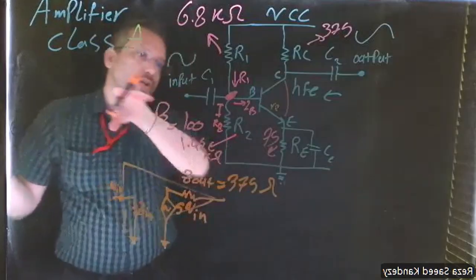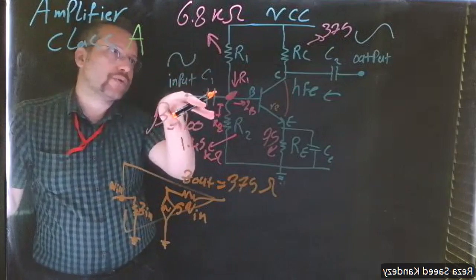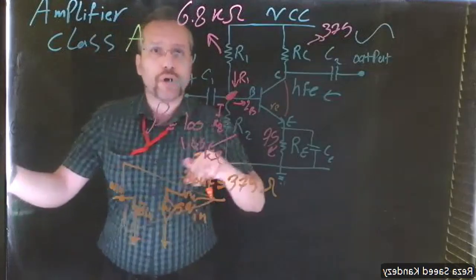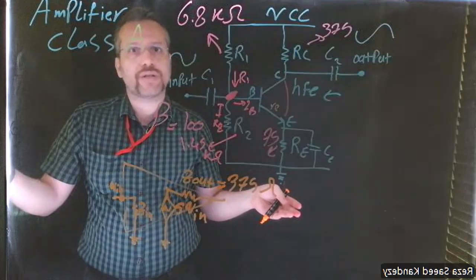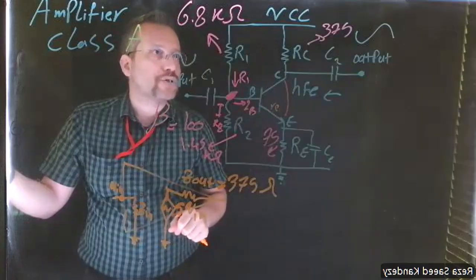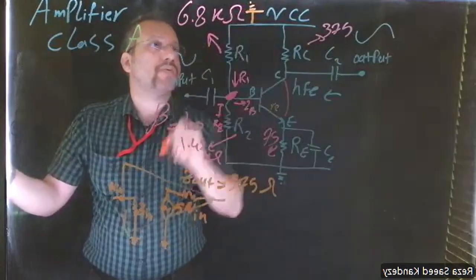To do that, you need to have a Thevenin equivalent looking from the input. If you remember, for the Thevenin equivalent, we have to short circuit the voltage sources and open circuit the current sources. Now we have one voltage source. If we short circuit that, that means here also we have a ground.